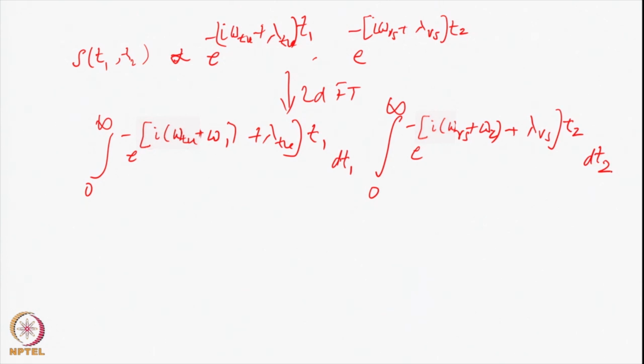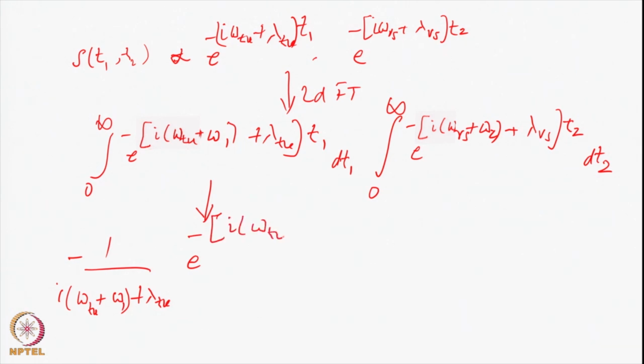So, let us consider just the transformation of this one, and the integral of this is given by minus 1 by i omega Tu plus omega 1 plus lambda Tu, and the exponential term remains as it is, i omega Tu plus omega 1 plus lambda Tu T1, taken between the limits 0 and infinity.